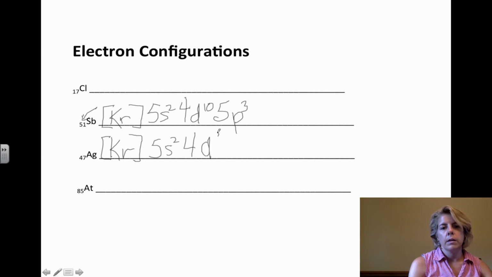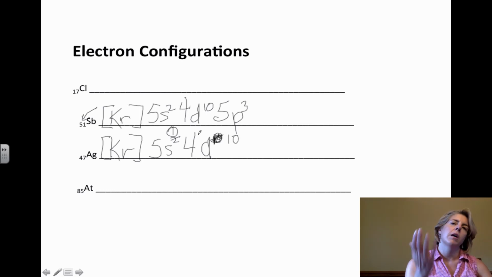Well, guess what? You're going to steal 1 from this s orbital, and you're going to make this 4d10, because it wants to complete. I'm just going to scratch this out and draw a 10 next to it. It wants to complete that d orbital.